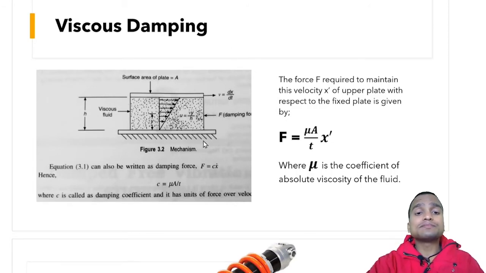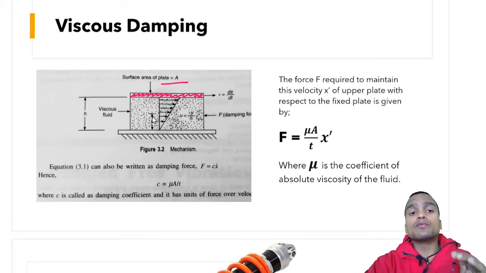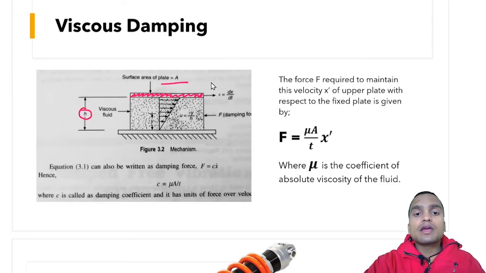In a fluid, if we have to calculate the net force being applied on a plate, let's say this is a plate of sectional area A, flowing over a viscous fluid of height h, and the velocity is here dx by dt. So this plate will face some resistance.